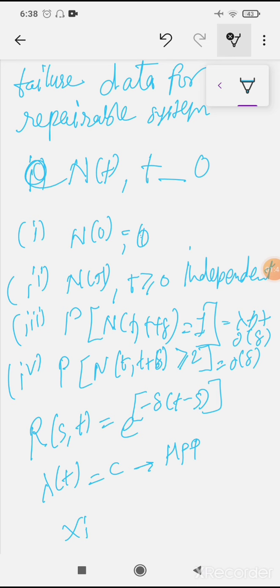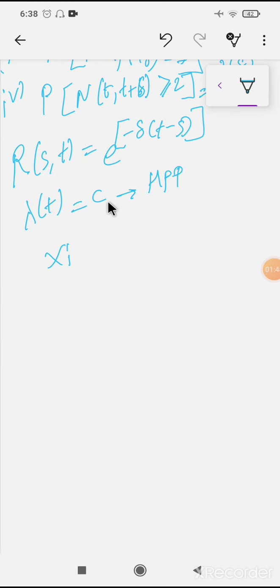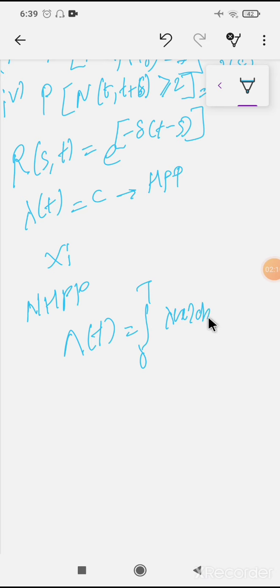A non-homogeneous Poisson process is characterized through its cumulative intensity function, Lambda(t), which is equal to the integral from 0 to t of lambda(x) dx, or by its time derivative lambda(t), which gives the instantaneous rate of failures. So this is one point process model, the non-homogeneous Poisson process.